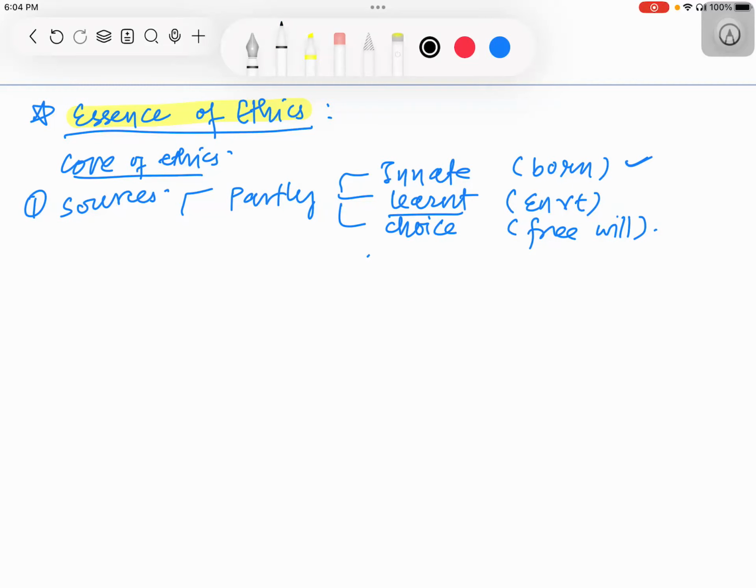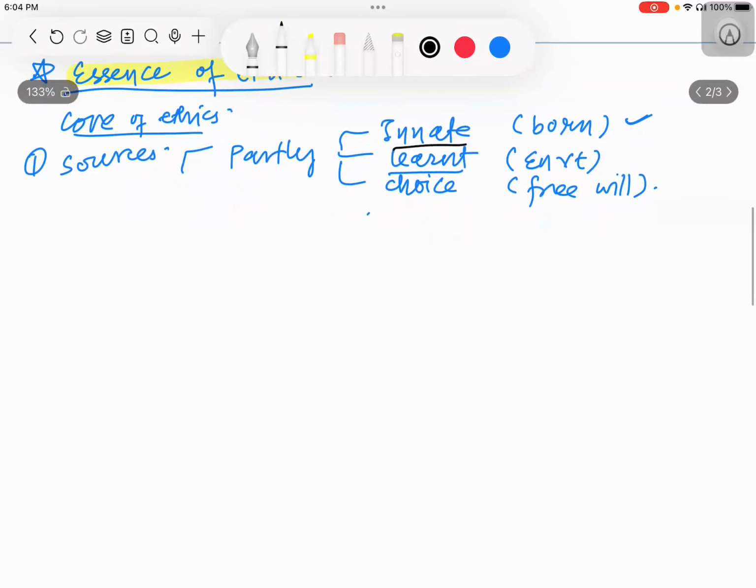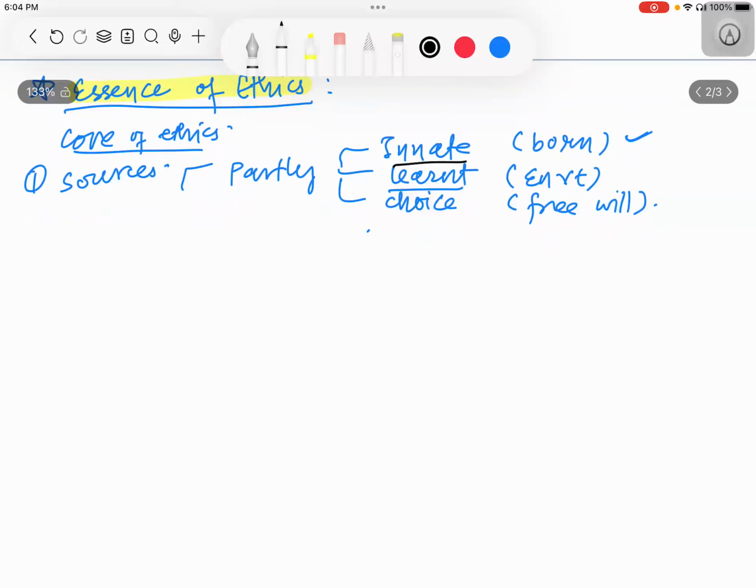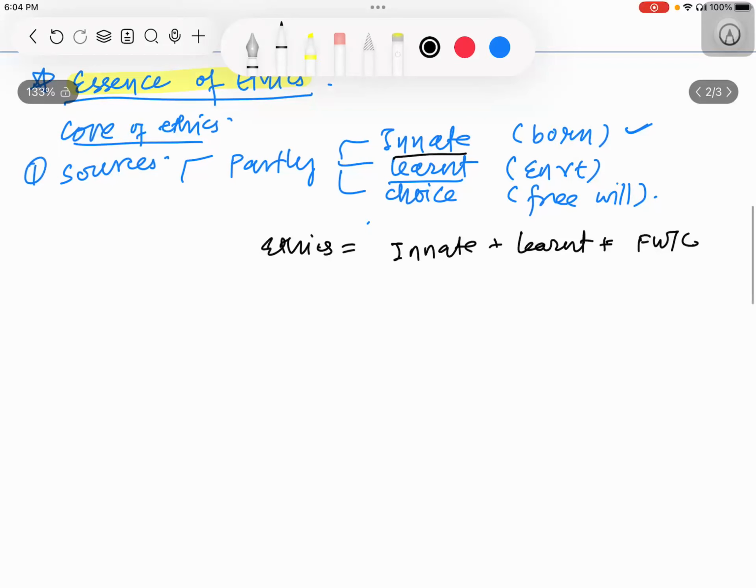So it is partly innate, partly learned, and also a choice, right? We made an equation, remember: innate plus learned plus free will or choice. So you can draw this figure, ethics equals this equation. This is my equation, this is not in any book.